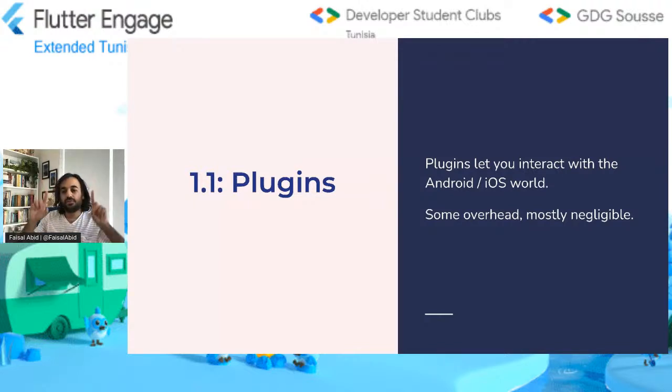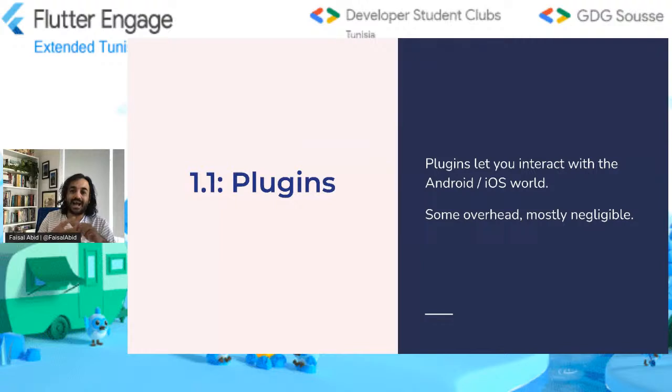The Flutter app is drawing its own view. Think of it like a game engine, right? If you've ever played Angry Birds or any of these other games, all it's doing is drawing pixels on the screen. Flutter works identically the same way. It's basically a game engine for apps.